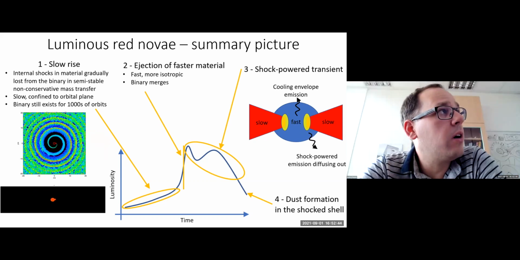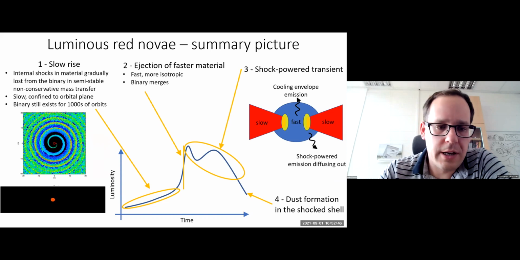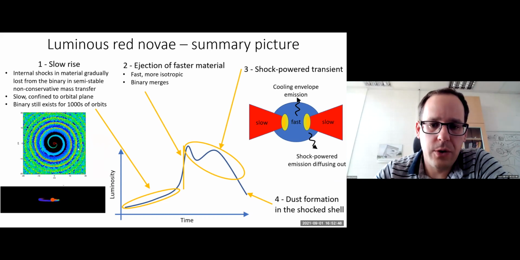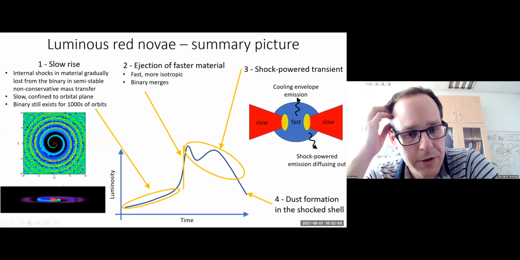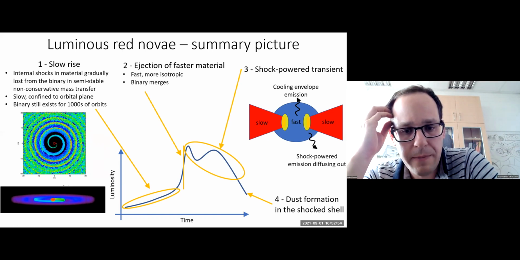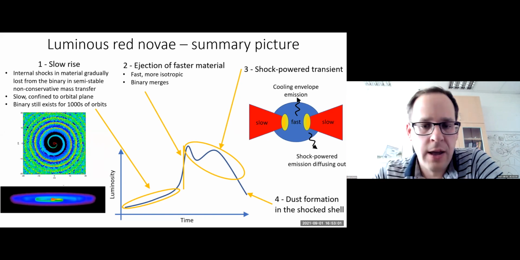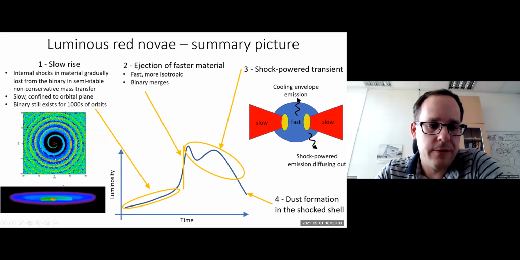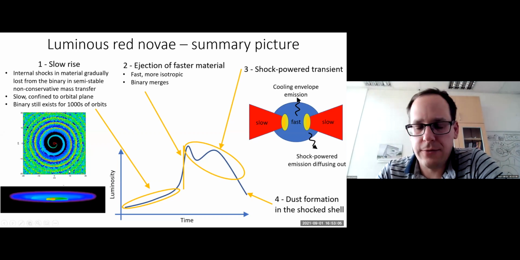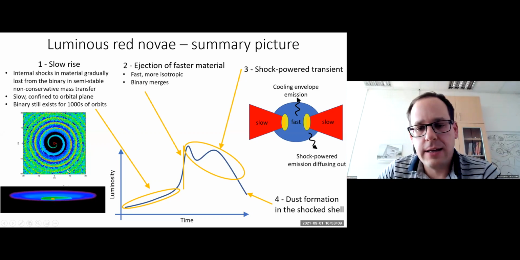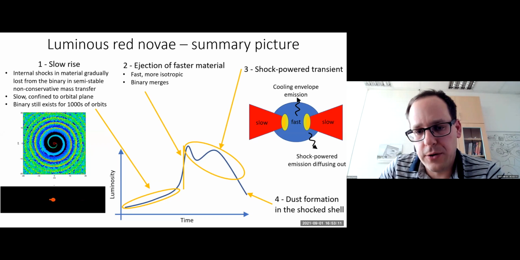Okay, I will say a couple of things about this. We expect that the velocity of the material is similar to the escape velocity at the location from which it was ejected. The velocity of the material shown in this movie, the pre-existing disk, is a fraction of the orbital velocity of the binary, maybe 20 or 30%.